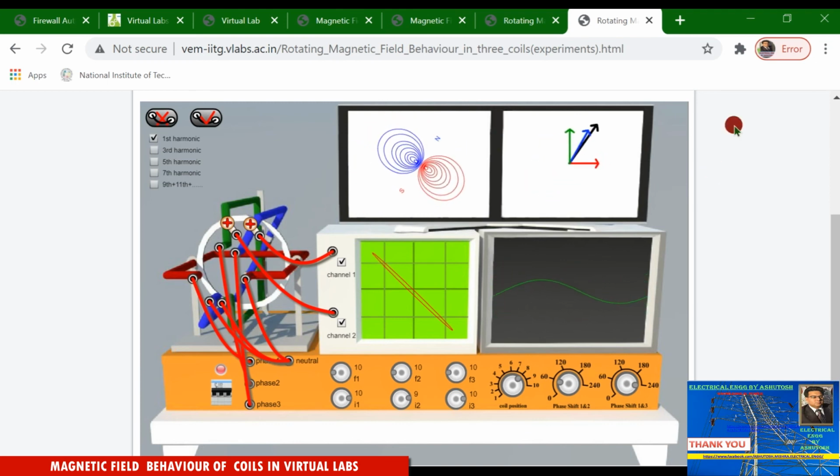It becomes anti-clockwise. And when you keep the phase shift 240-degree between first and second and between first and third 120-degree, then the direction of the rotating magnetic field is changed and it becomes clockwise. You can see, guys, this is the vector formation. The resultant vector is black.